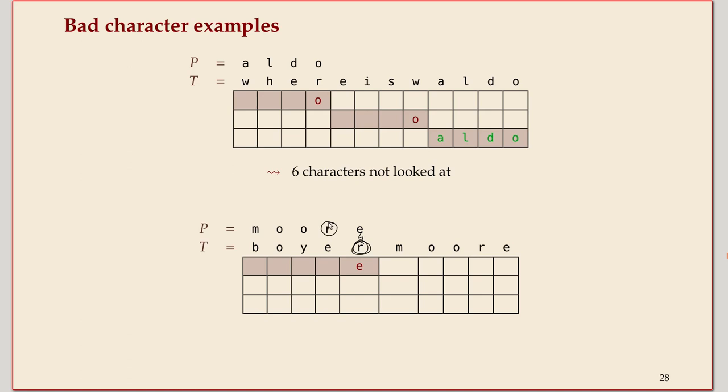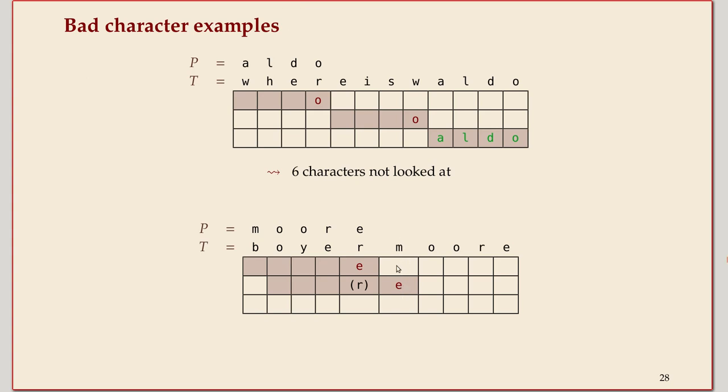So in the general case, what we'll do is we'll take this character that was a mismatch, we shift the pattern as much to the right as we can until the first occurrence of that character aligns with that character, which also means we shift the pattern so that the last occurrence of the bad character is aligned with that position. So in that case, that's only a shift by one position, but in general, it could be more.